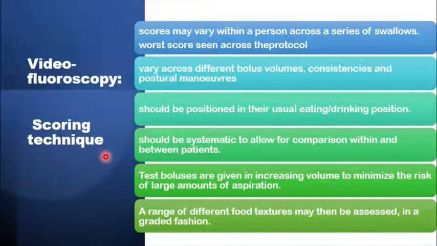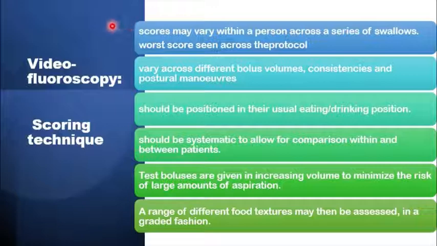How the scoring itself is done. How can a video clip with a certain swallowing pattern or aspiration be summarized into a grade like a pass 6 or 7 or whatever? And it's important to note that the scoring can differ between different raters for the same video clip.